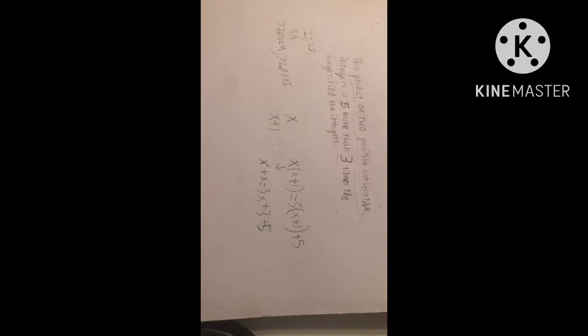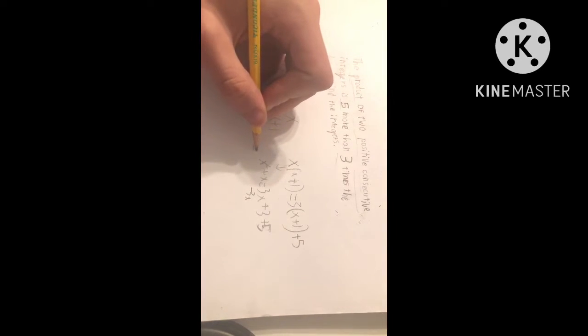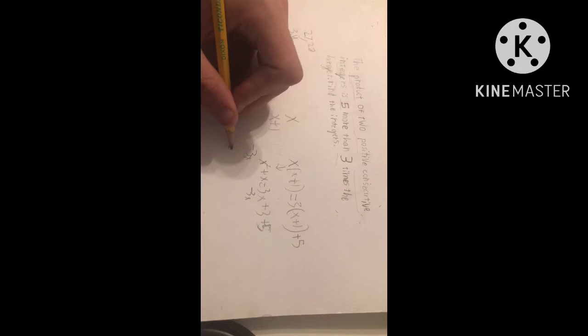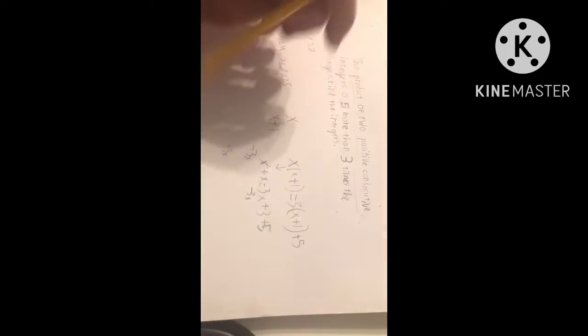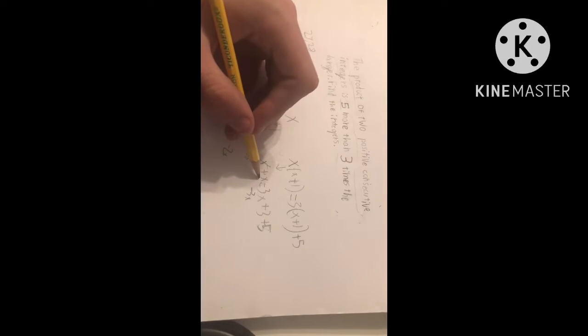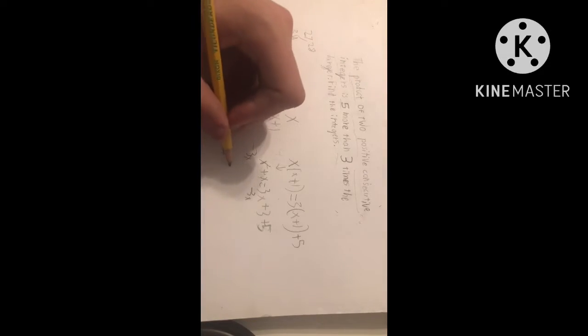So we're going to start out by subtracting 3x from both sides. Minus 3x, which is going to make minus 2x, because minus 3x plus x is minus 2x. x squared, plus 3 plus 5.